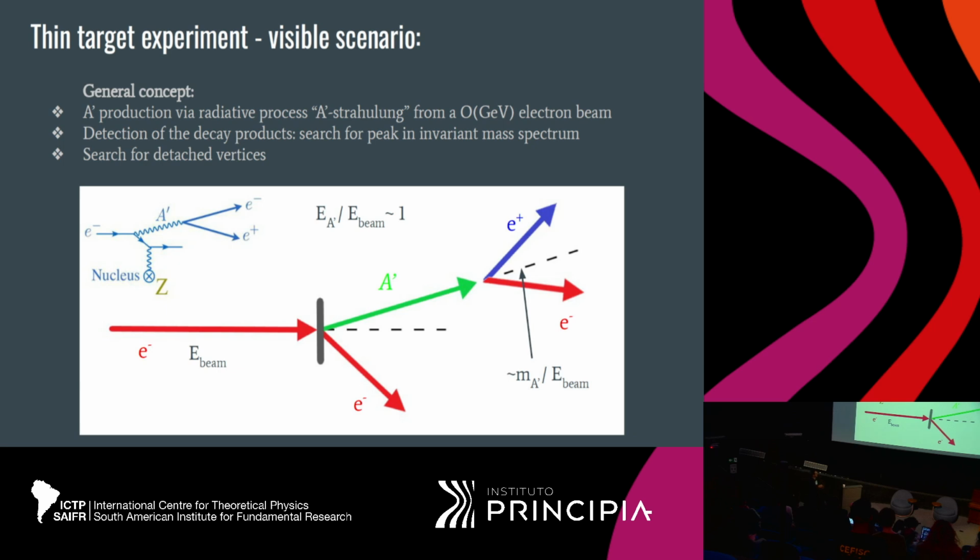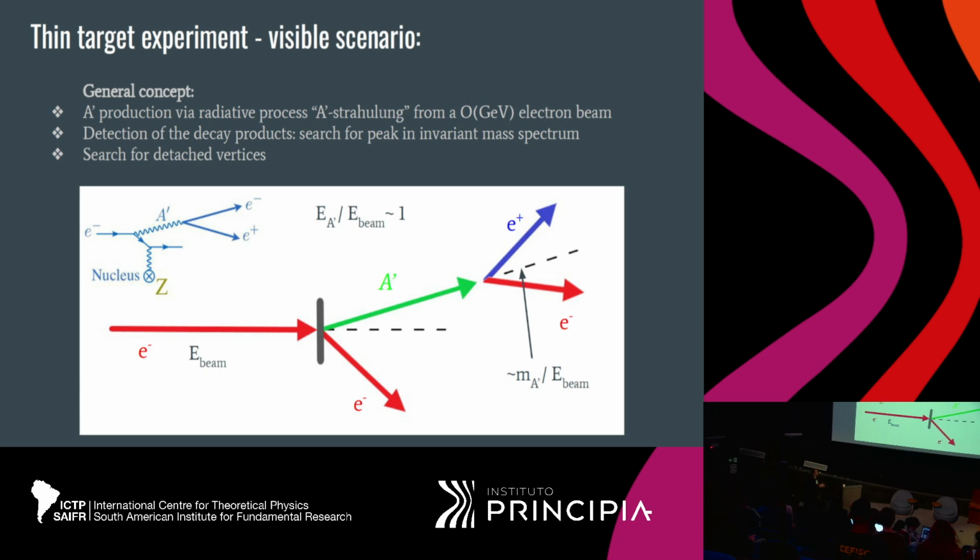Here you have some values, for example, for the characteristic angles of the electron and positron, which you can see depends on the energy of the beam. It can be very small, of the order of milliradians, and also, due to this process, in general you can assume that the dark photon takes most of the energy of the beam.